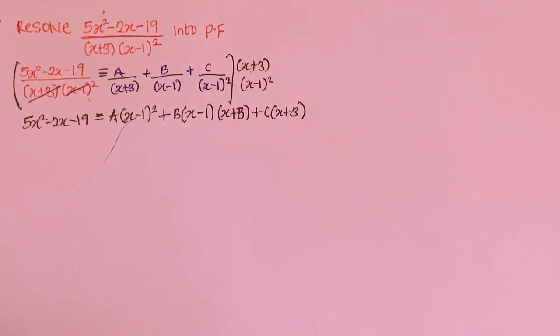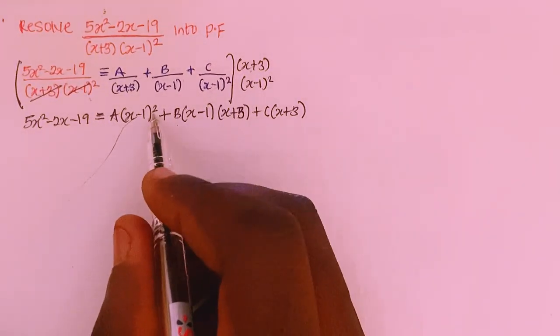Actually, I'm going to use both the comparing the coefficient and also the assumed method to solve this partial fraction. The reason why I'm going to use comparing coefficient is that I'm having this raised to power 2.